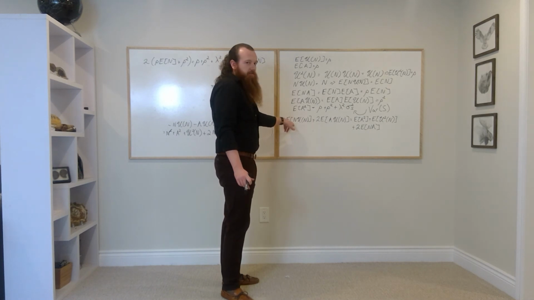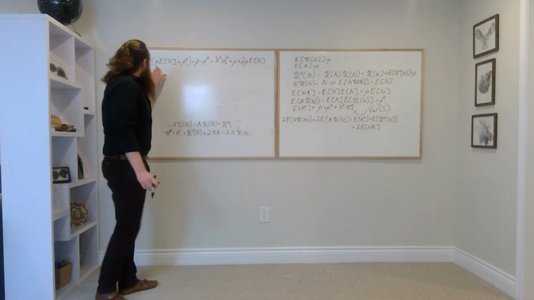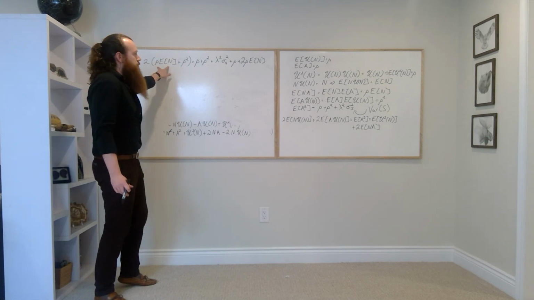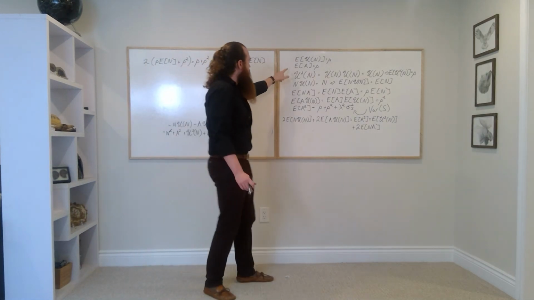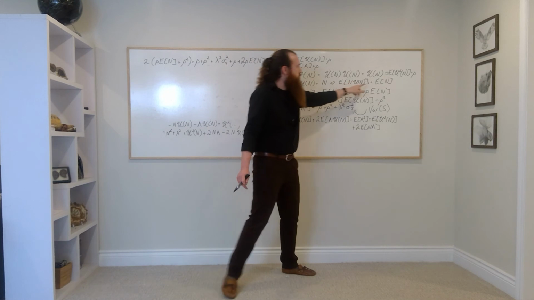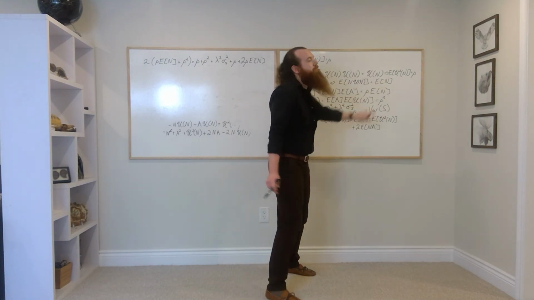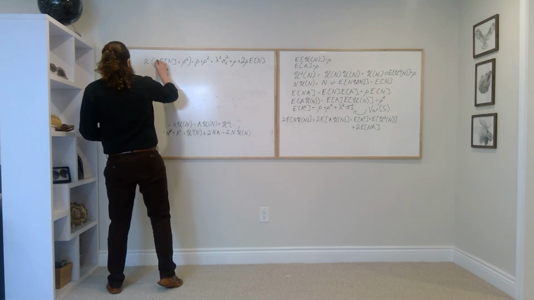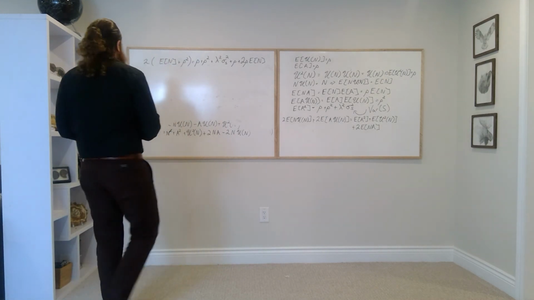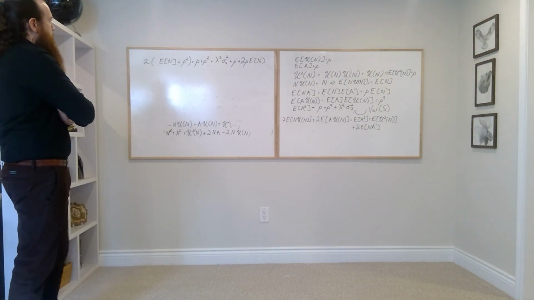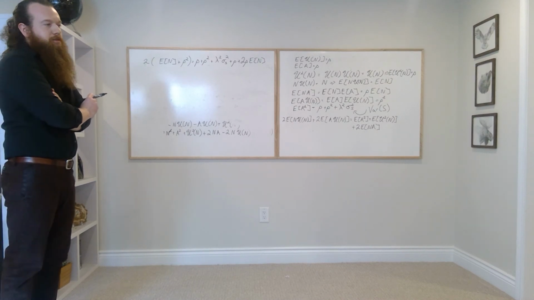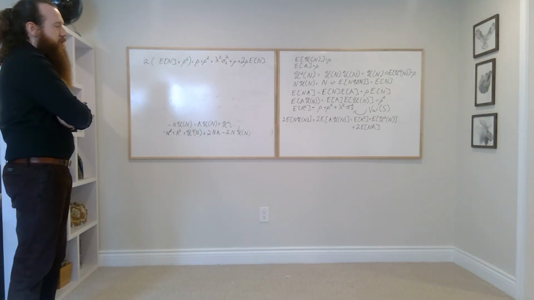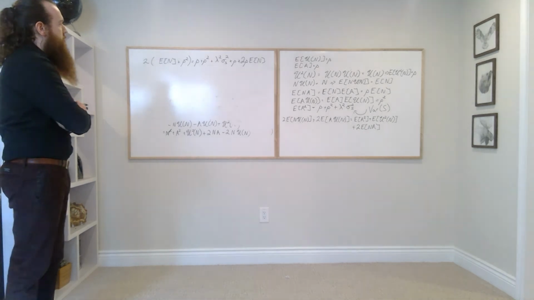Made a mistake here. I said that that was rho times the expected value of n. But we come back over to here, and this is just the expected value of n. Okay, I think that's correct. Double check it, see if you can follow the derivation.